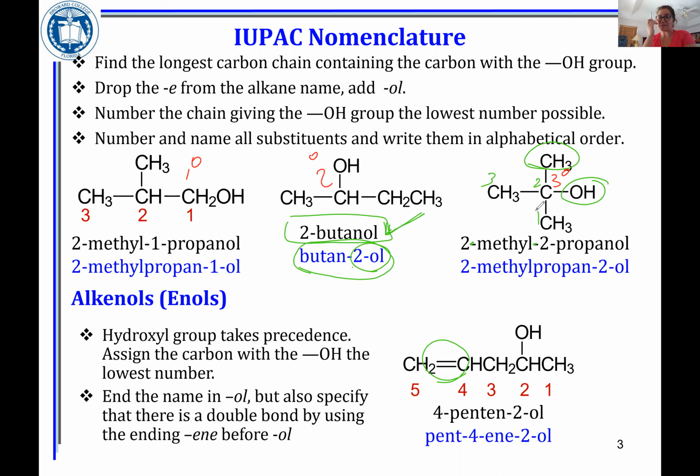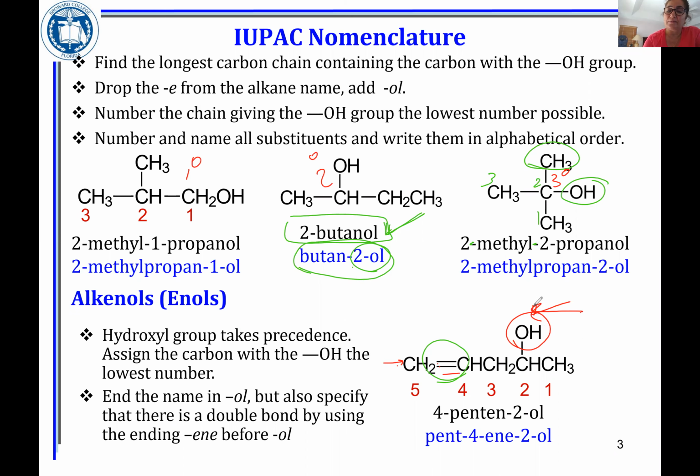Just as a practice, now that you have learned about more functional groups, you also have to find out which one is the major functional group. If OH is the major functional group, you number from right to left. If alkene is the major functional group, then you number from left to right, closer to the alkene. So OH in this case takes higher priority.